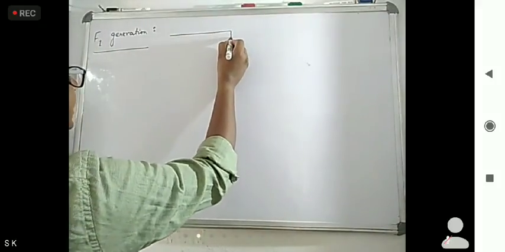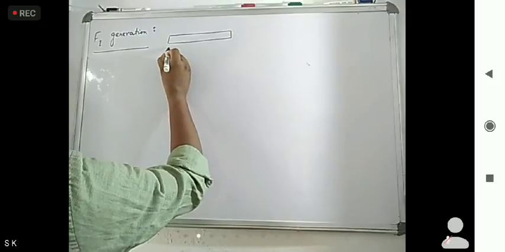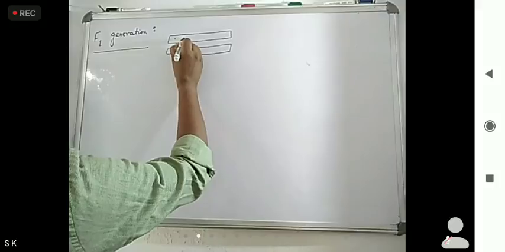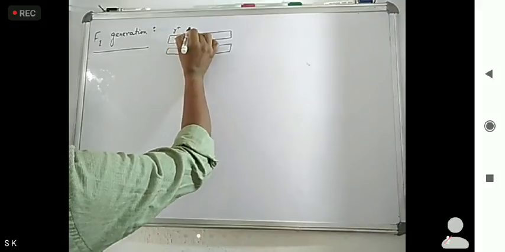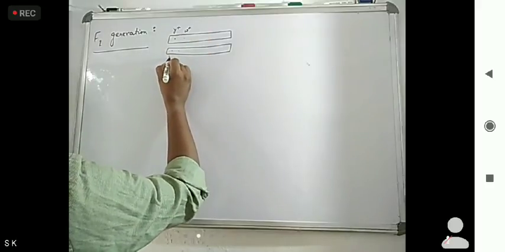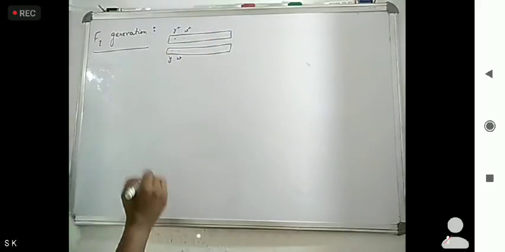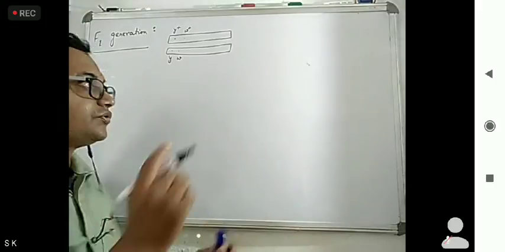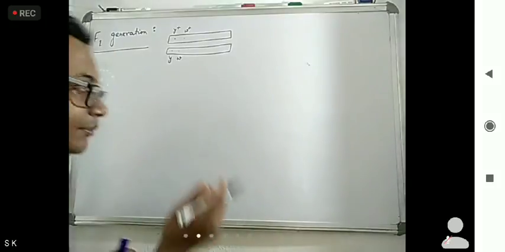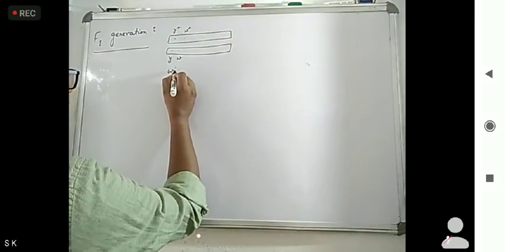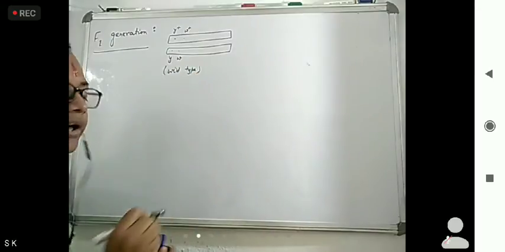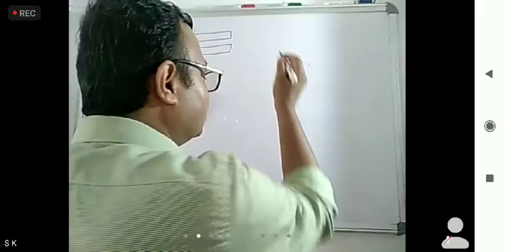In the female, one was Y plus W plus and another was Y W. So the female came this type, and this is the wild type, the dominant type.